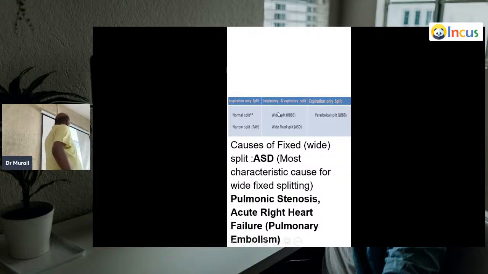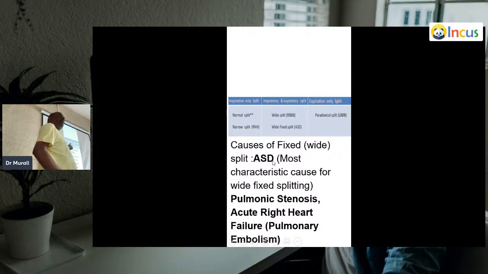Then both inspiratory and expiratory is wide split or wide fixed split. But only expiratory, no inspiratory, is reversed split or paradoxical split. Okay? So these are the 3 points you remember.